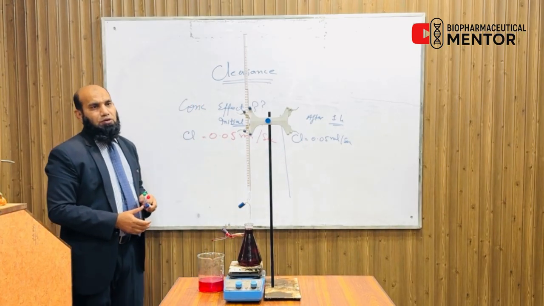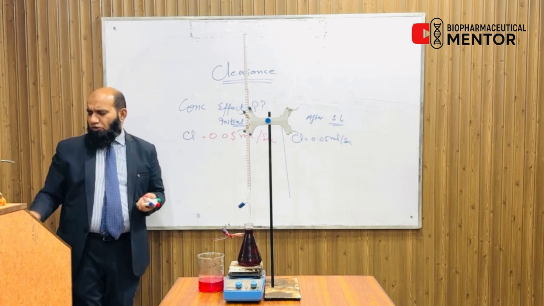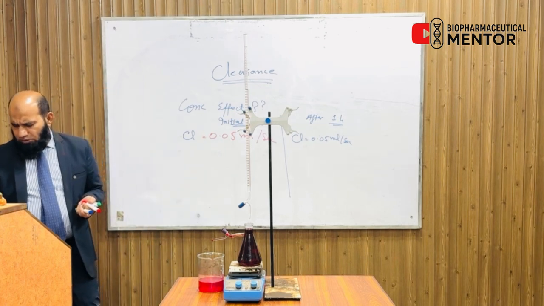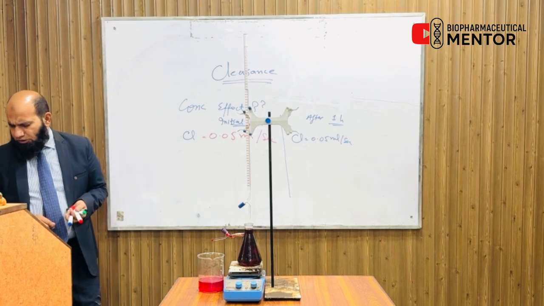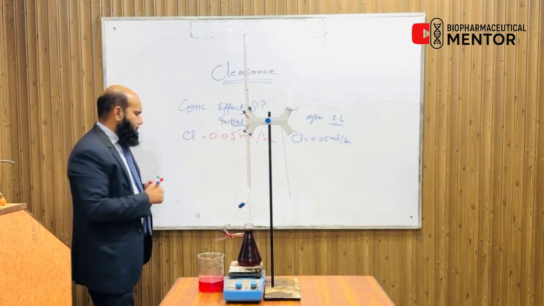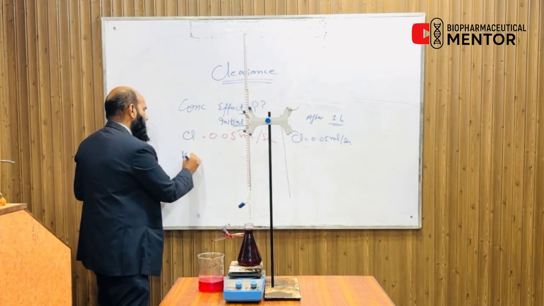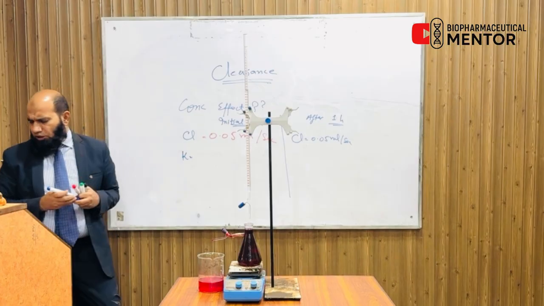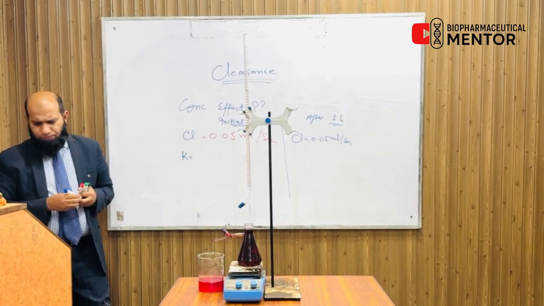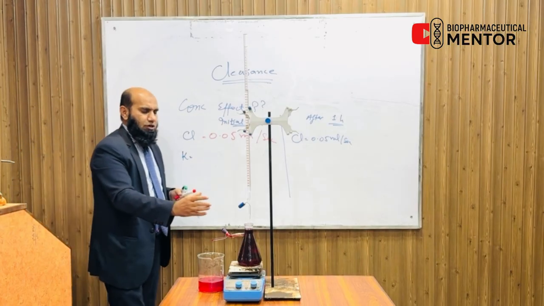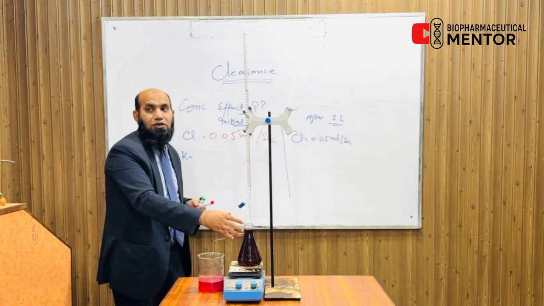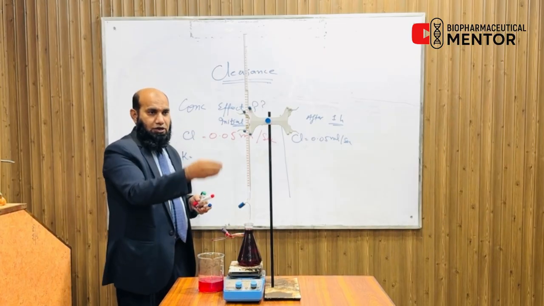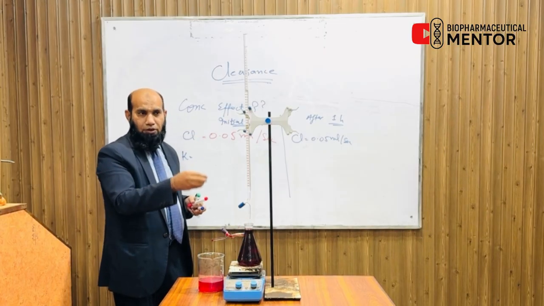But when we calculate the exact value of K, the rate constant, we will assume the total volume. For example, we are assuming 1 liter of volume, and we are adding 0.05 ml per second.